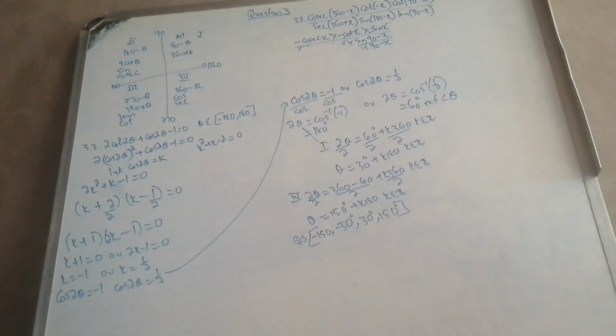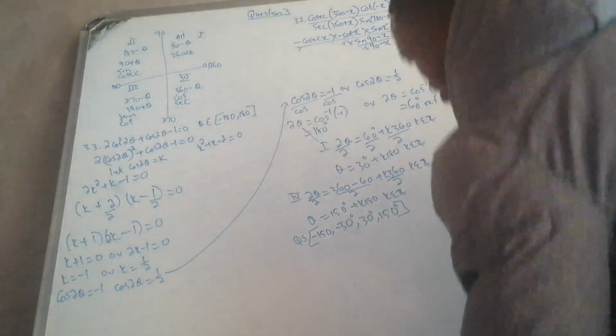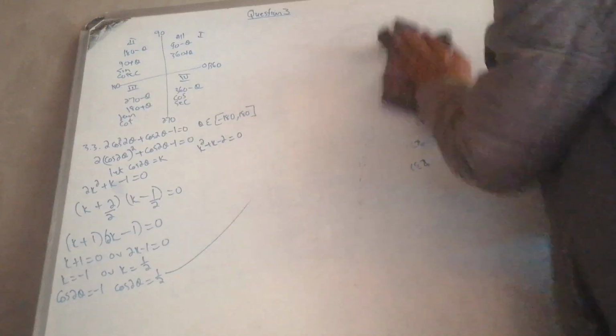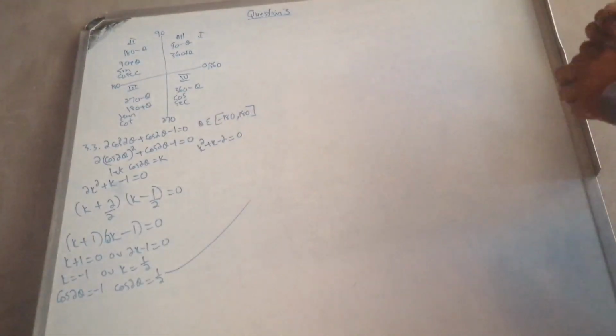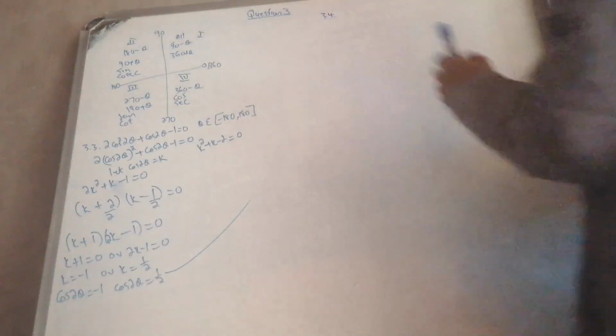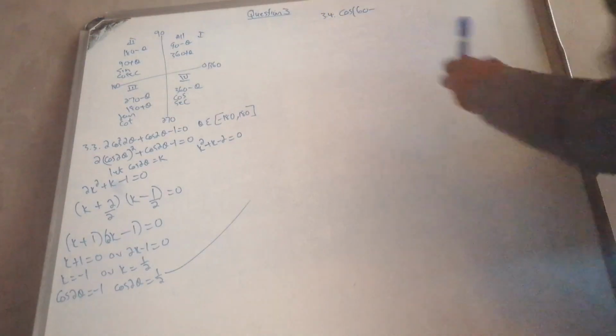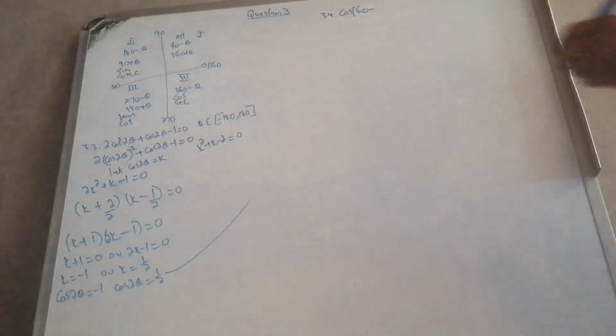Right. They say to us in the last problem that we should prove. Let me just do this. In 3.4, prove that the cosine of 60 minus 45.